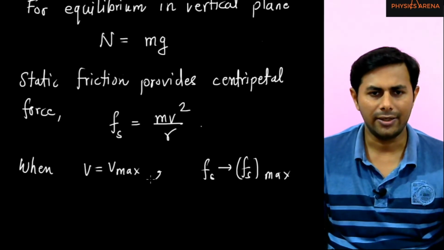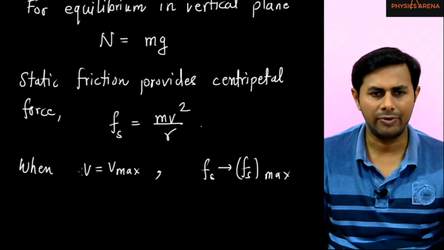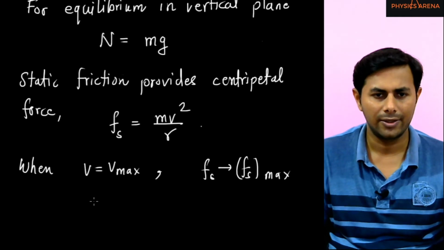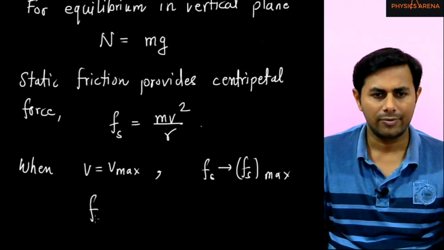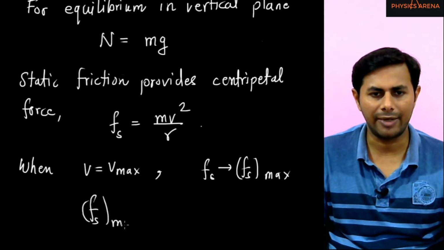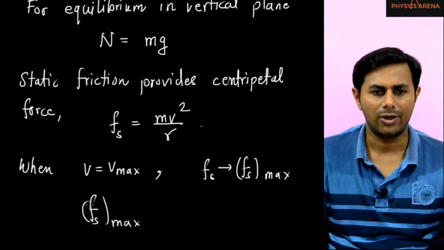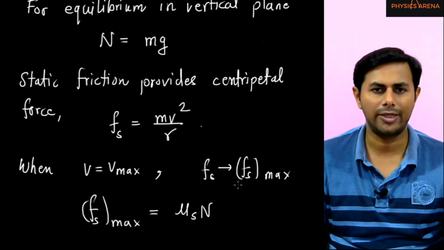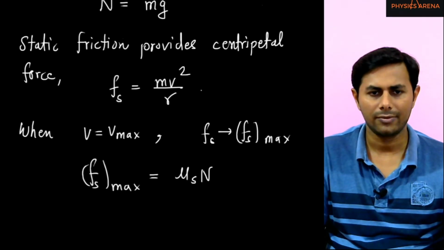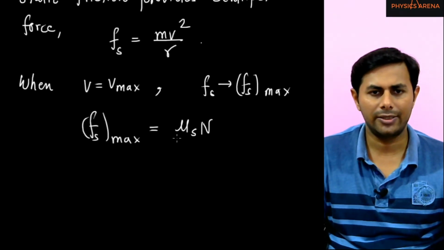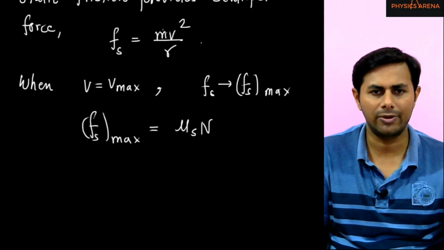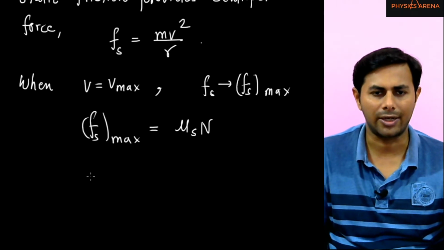So when V is equal to V_max, F_s becomes F_s max, and we know from previous lectures that F_s max, the maximum value of static frictional force, is mu_s times the normal reaction. So substituting these two, I get F_s max is equal to m times V_max squared over r.